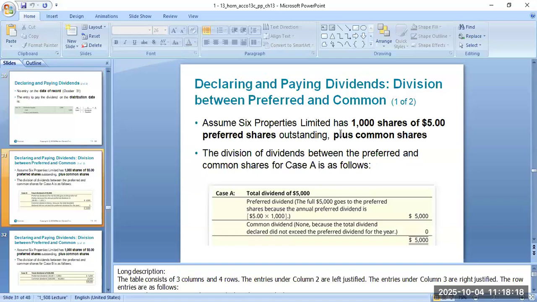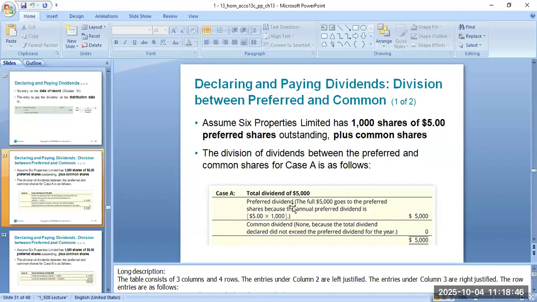Now, again, declaring and paying the dividend when we have preferred shares and common shares. Let's assume this company has 1,000 shares of $5 preferred shares. $5 means every outstanding share should receive a $5 fixed dividend, plus common shares.